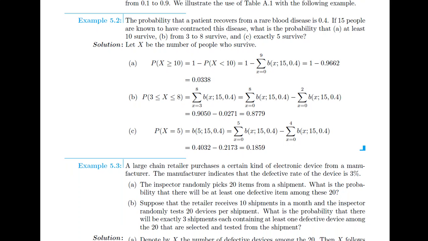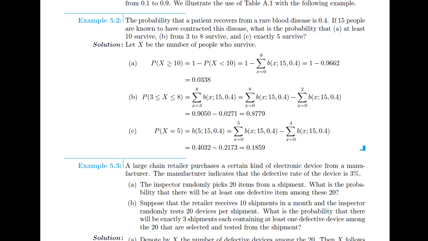which is equal to 0.0338. Number B: the probability of X between 3 and 8 inclusive, which is equal to the sum of the probabilities of X equal 3 plus X equal 4 plus X equal 5 plus X equal 6 plus X equal 7 plus X equal 8, which is equal to 0.8779.